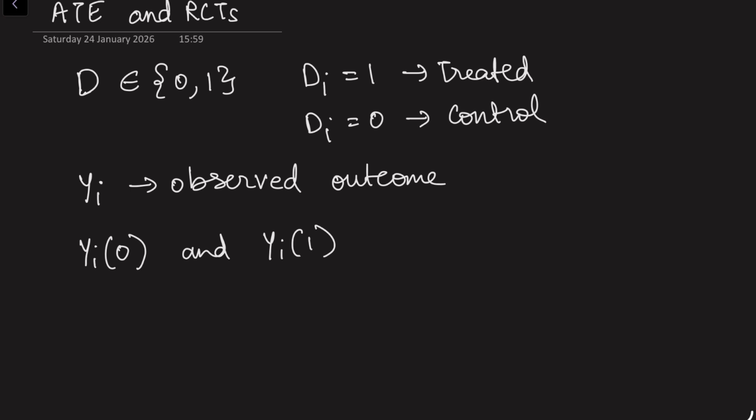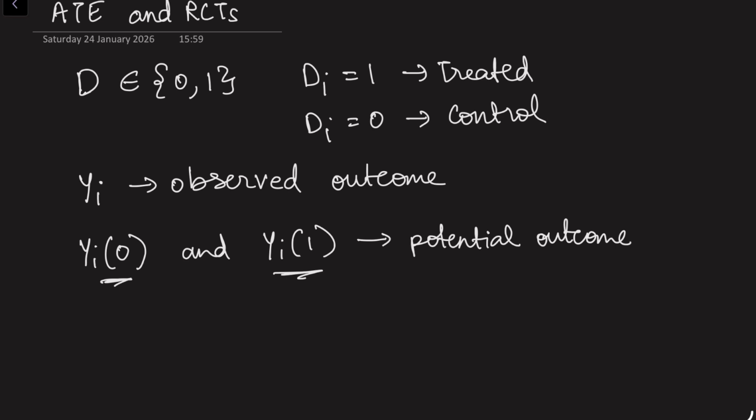So this essentially asks the question, had you been treated, what would your outcome be? And had you not been treated, what would your outcome be? So it's an entirely conceptual and theoretical question: what would your potential outcome be depending on your treatment status.